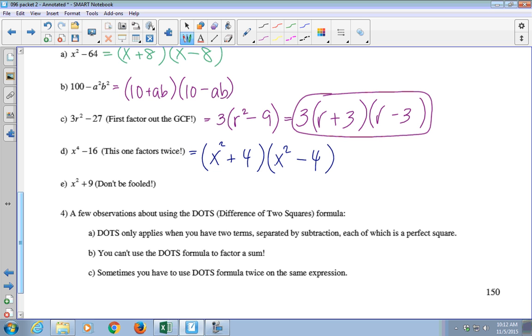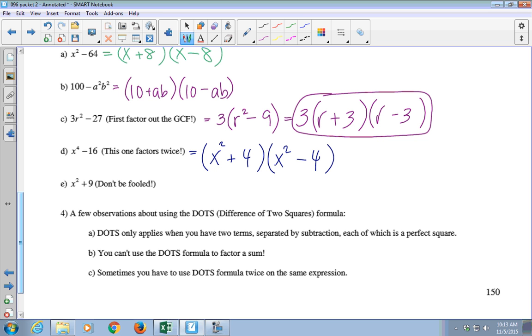But I'm not quite done. How come? Which one can factor? Which one fits our formula of a squared minus b squared? Minus 4.